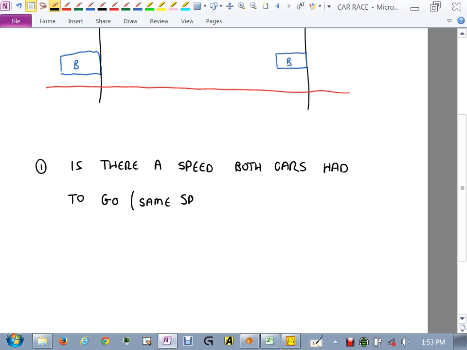Same speed? Okay, so that's the first question. So let me try and rephrase what this is saying. They raced, right? At every point in time, you look down at their speedometer and you've got what their speed is at that instant in time, right? The question is, is there some speed, 40 miles per hour, that they both had to go at that speed?